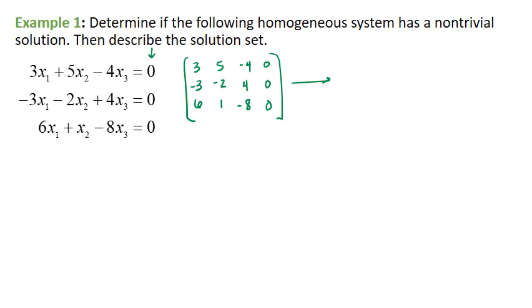Okay, so what I want to do here is I want these to be 0. So I'm going to add row 1 to row 2, and that will become the new row 2. And in the same work, I'm going to do -2 times row 1 plus row 3, and that will become the new row 3. When all is said and done, we get the following matrix.